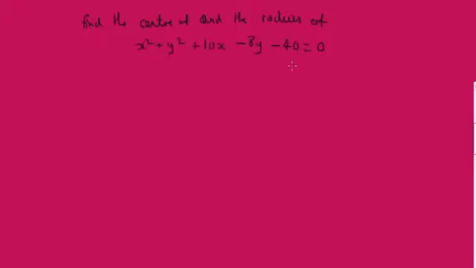Now just a quick note here, if you were to see an equation like this and not be told it was a circle, you could tell it was a circle because the coefficients on the x squared and y squared are the same, and there is no xy term in this equation.